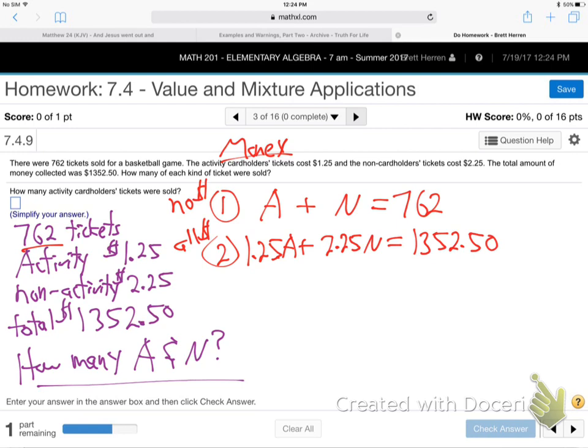See how it's no money, no money, no money, money, money, money. All right, so how do we get those? I'm going to make those front two become opposites. Going to do this every time. So I'm going to multiply the top equation by negative 1.25, all the way across the top equation.